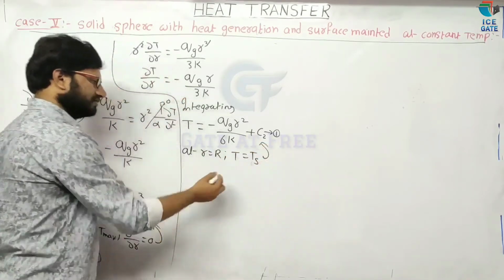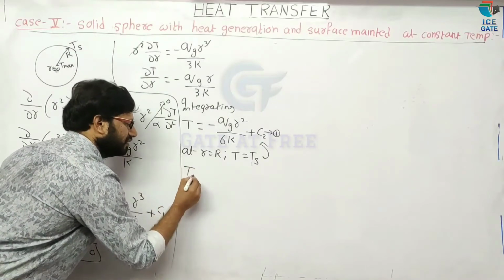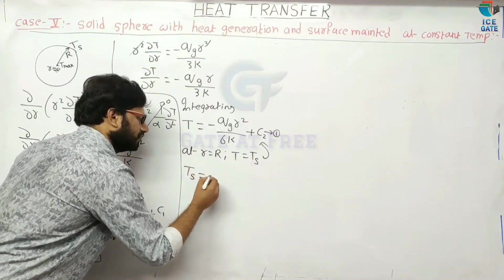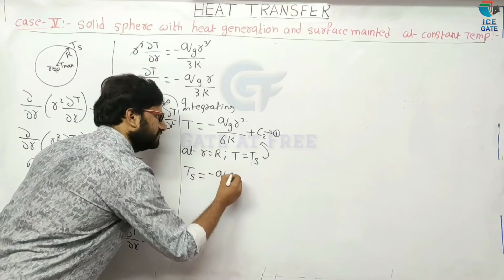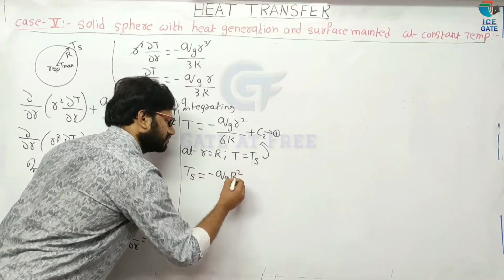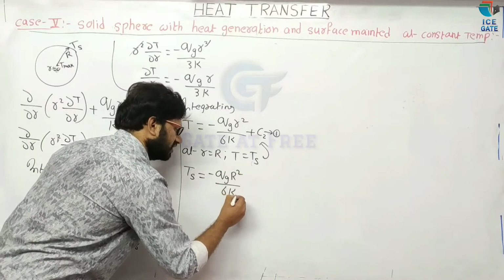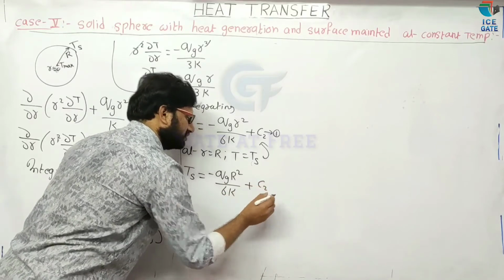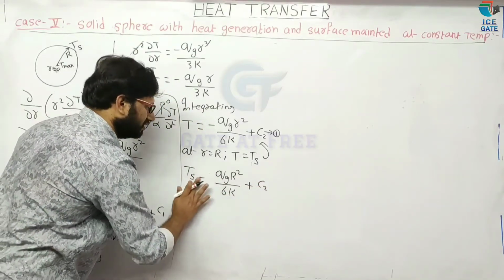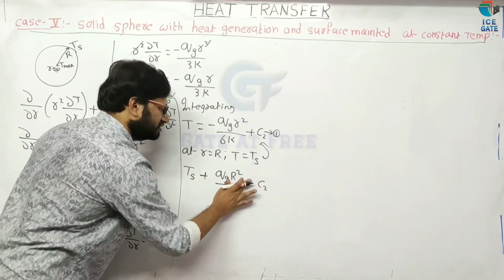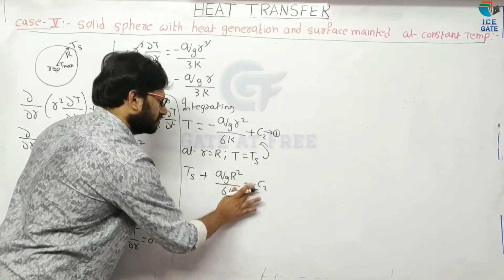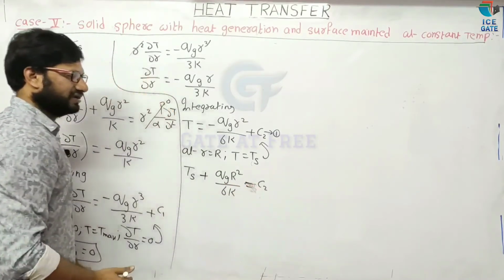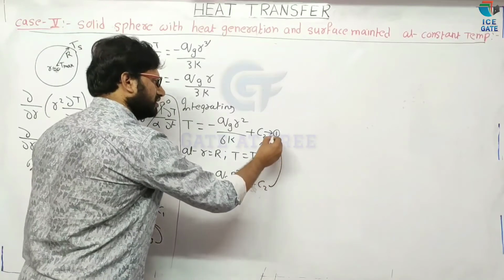Substitute in the above equation in place of T: Ts is equal to minus Qg, in place of small r capital R², by 6k plus C2. Now C2 will be Ts plus Qg R²/6k.